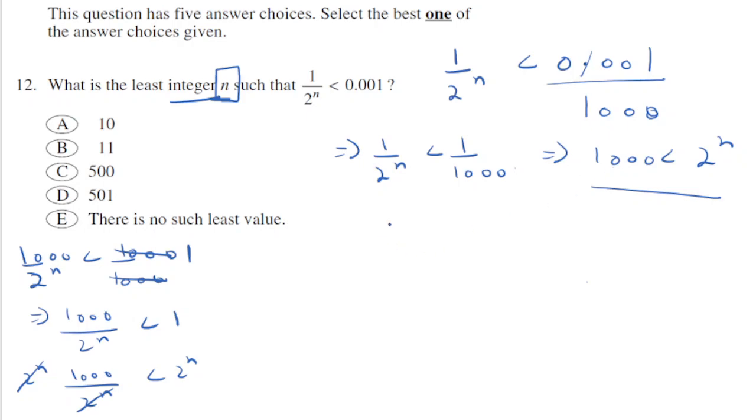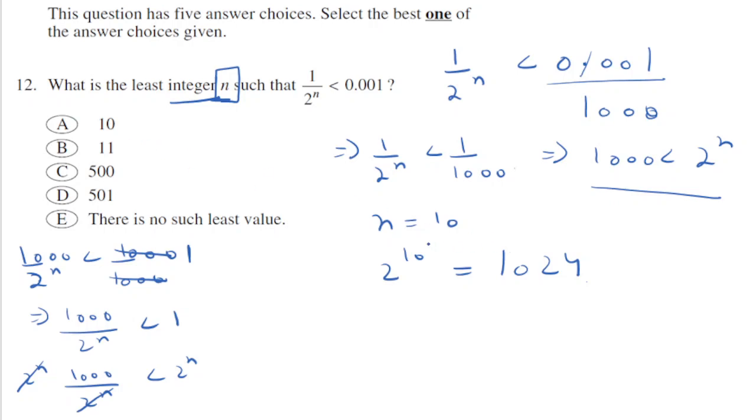Okay, so first we'll try option A. Option A, n is equal to 10. That means 2 raised to the power 10. Now we need to find 2 raised to the power n and check whether it is greater than 1000 or not. If you use your calculator, you will get an answer equal to 1024. So 1024 is greater than 1000.